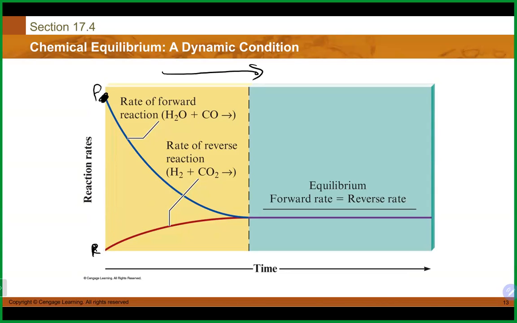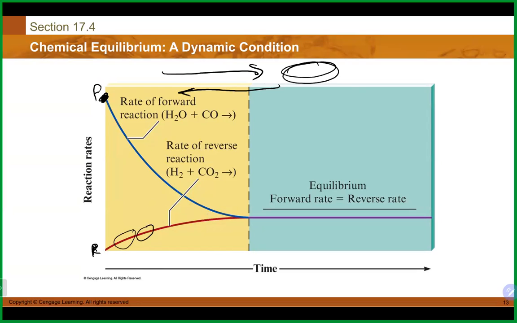So if we have no products, pretty much all we have is reactants. It's going to all start going to the product side. That's basically going to predominate. At some point, we're going to be making some of our products here, and we're going to build up enough of those products that they will start coming back the other way. And that's what we see happening here.